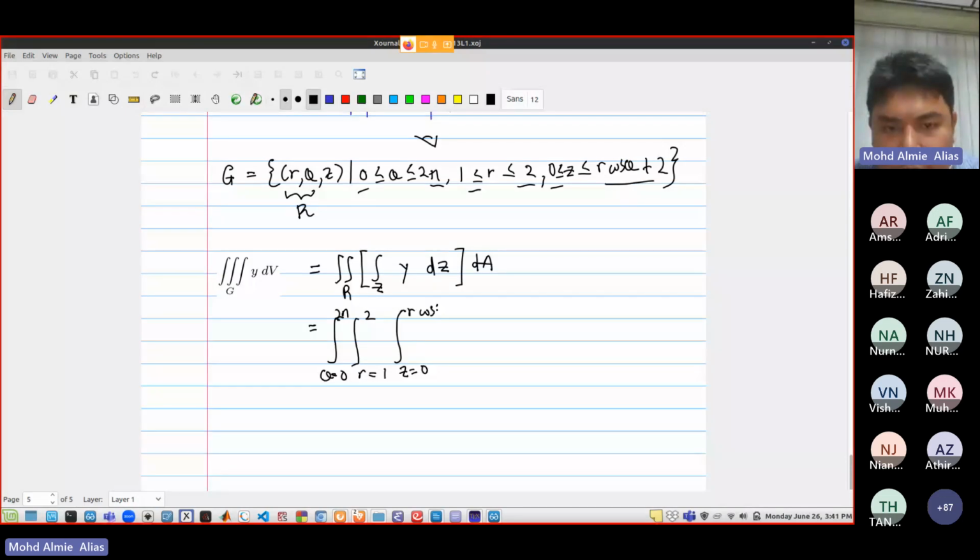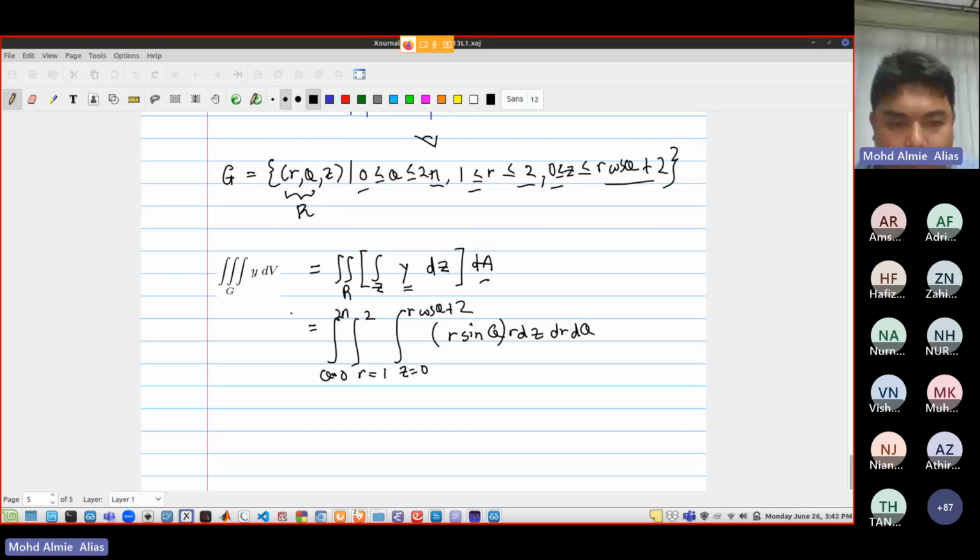And this is y. So we know y is r sin theta. Dz, we don't change anything. dA is r dr d theta. So I just write it here, and I put r here.